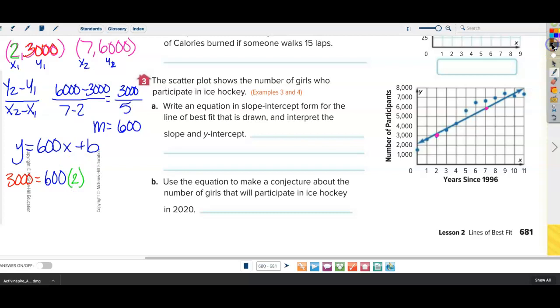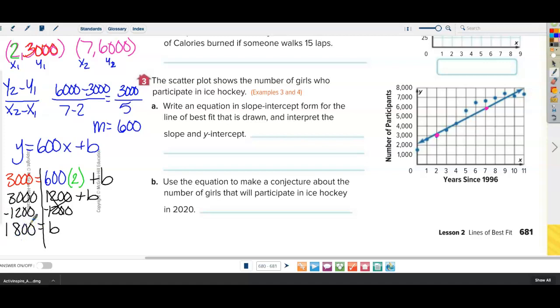And then I will still have plus b. I have to simplify that left-hand side first. So 600 times 2 is going to be 1200 plus b. That still equals 3000. I will subtract 1200. B equals 1800.